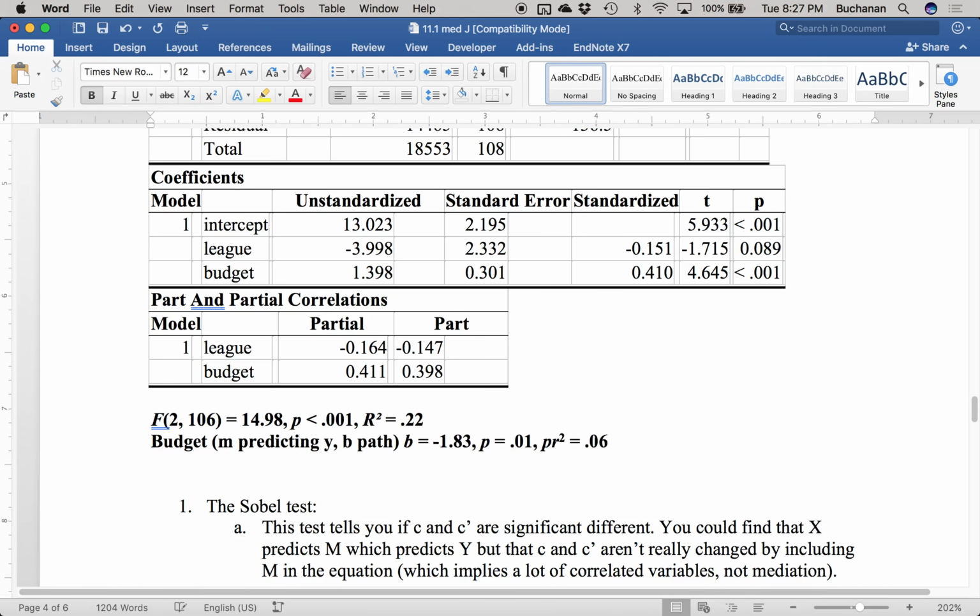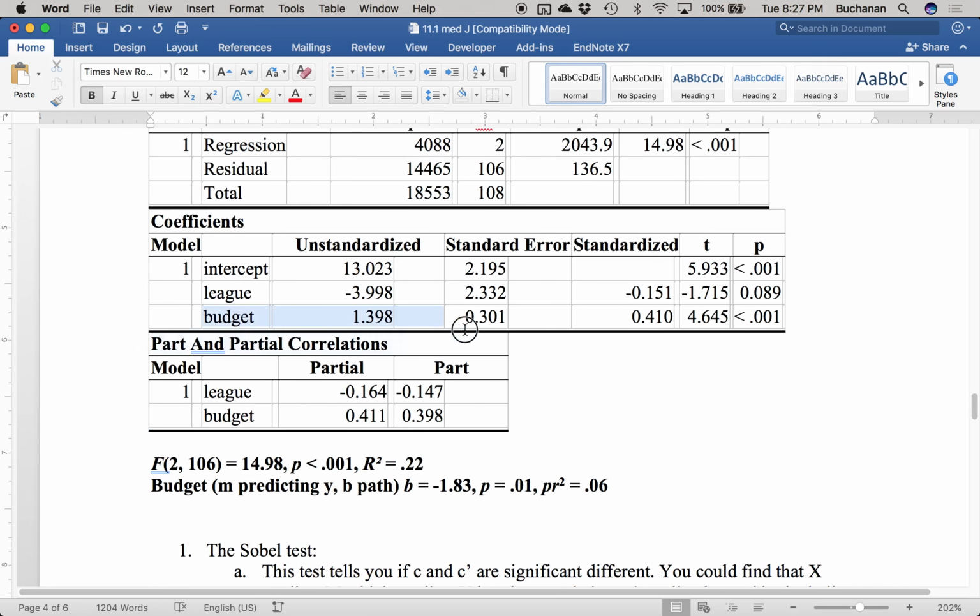So budget predicting Y here is 1.40. It is significant. I'm going to take the partial, 0.41, and square that.